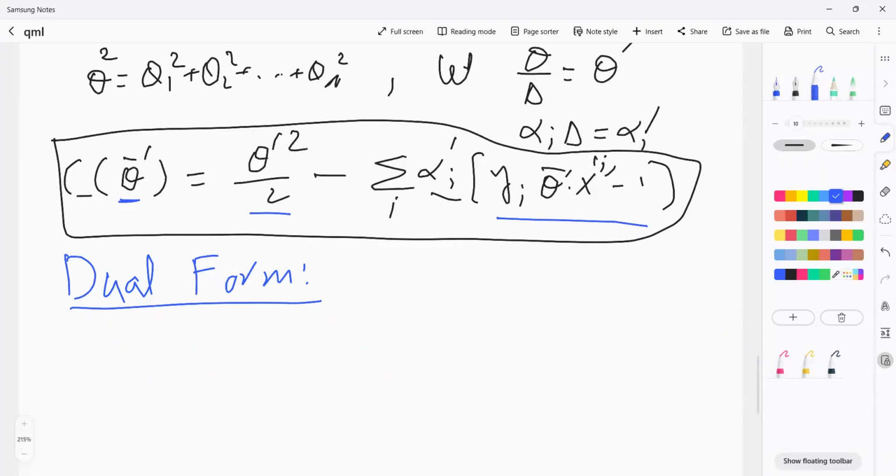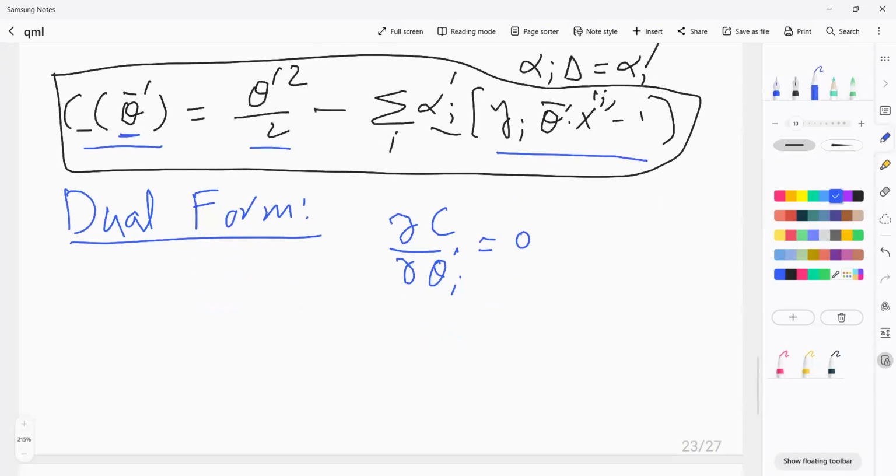All we have to do is notice that to find these parameters theta, we have to make sure that the partial of C by partial theta prime is just zero. This is the requirement for these parameters, that at a minimum, the derivative of the cost function would be zero.